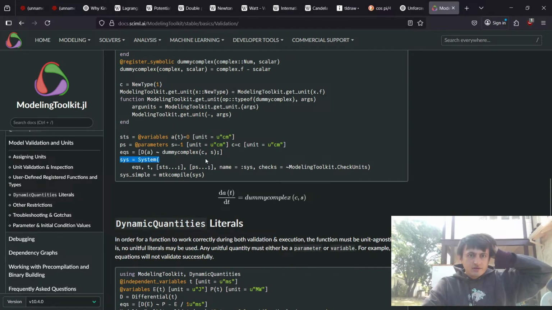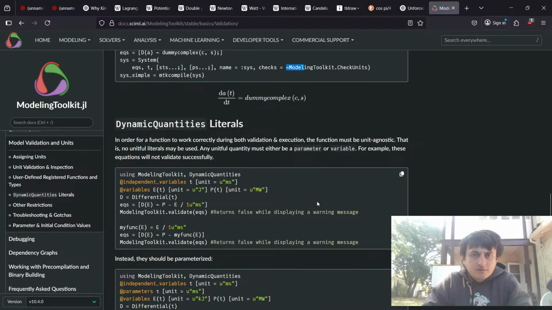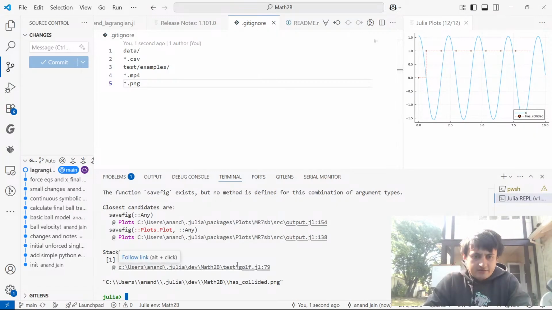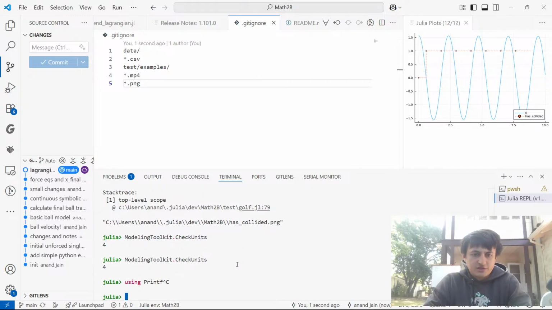Ooh, actually? Wait, this is new. Checks? Wait, what is this not check units thing? I want that thing. How do I do this thing? What is this thing? What is 4? It's just the number 4.